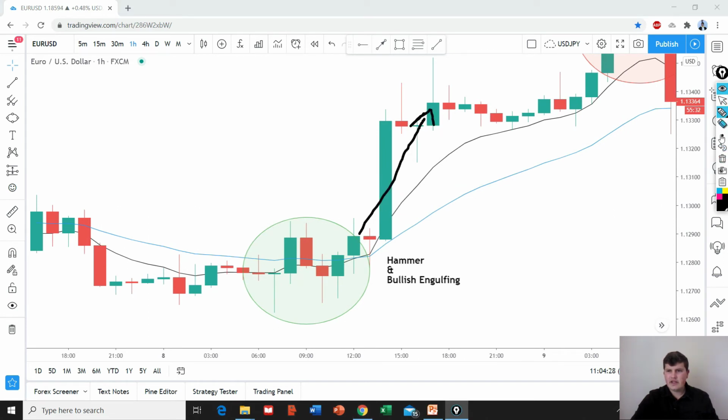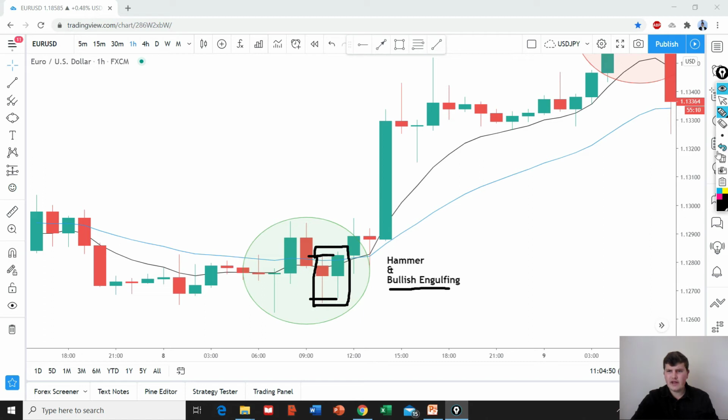And just next to the hammer you'll also see a bullish engulfing candle over here. This is the bullish engulfing candle, where the body of the second candle fully engulfs the previous candle. It's just important to note where the bodies close.